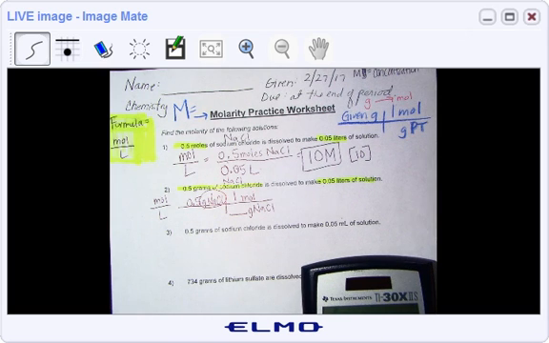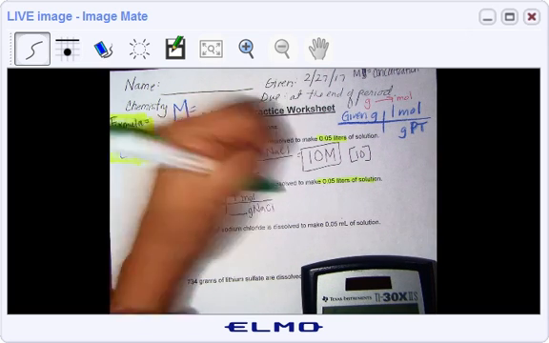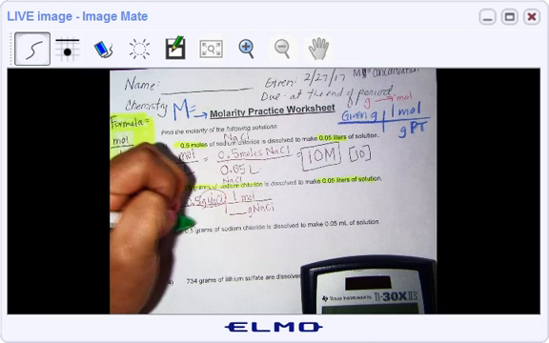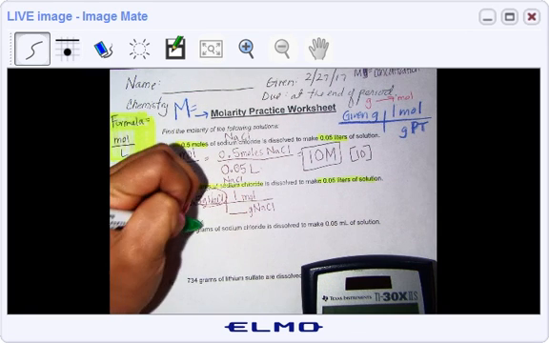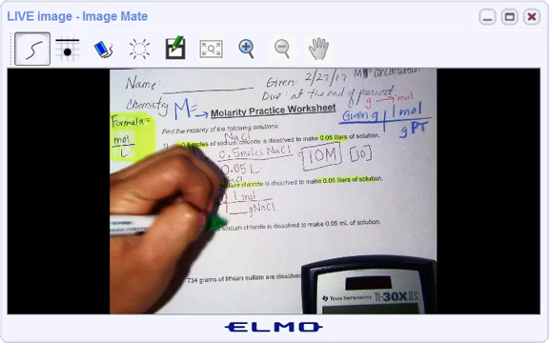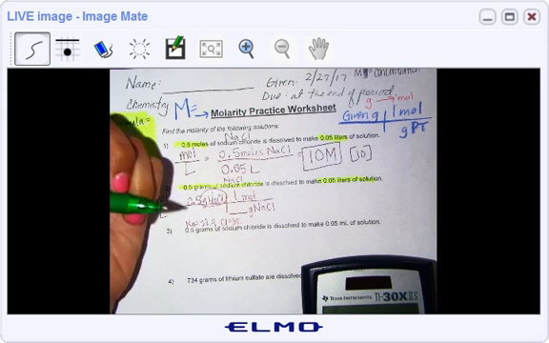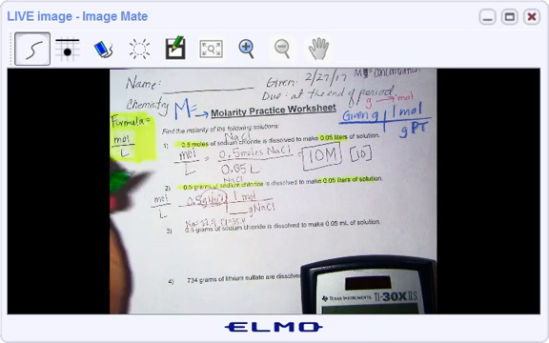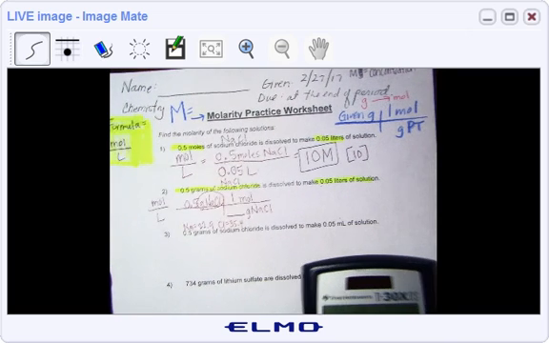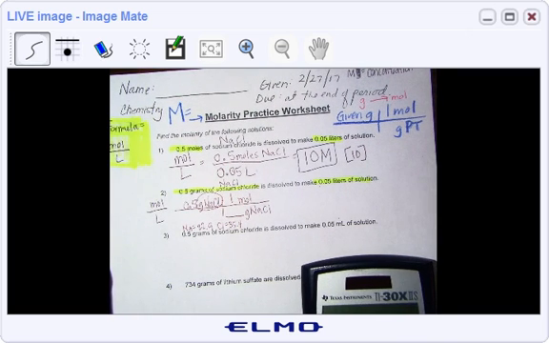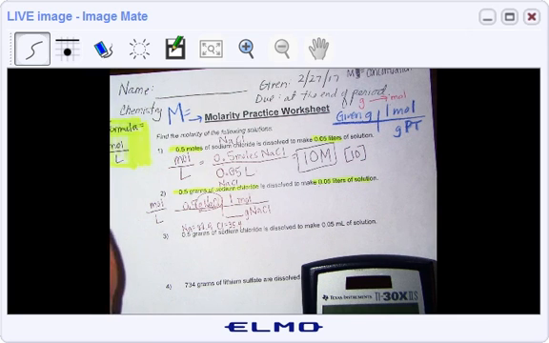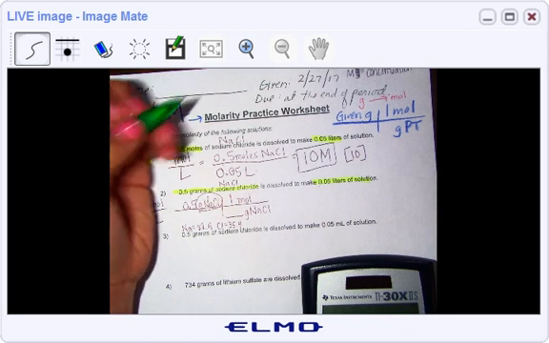You look up Na, and then Cl, and you add them together. 58.3.